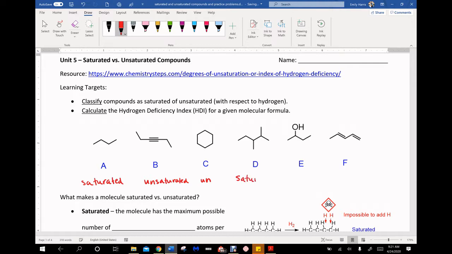D is saturated. E is also saturated. And then finally, F is unsaturated. So take some time, pause the video, and see if you can come up with a reason why some molecules might be saturated and others might be unsaturated.